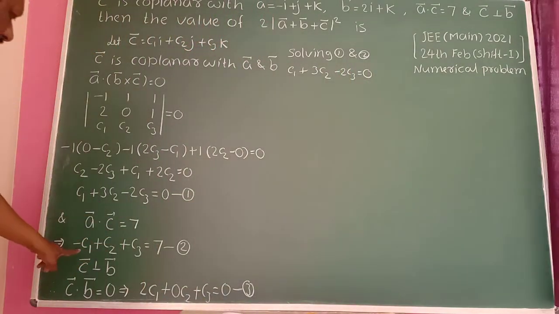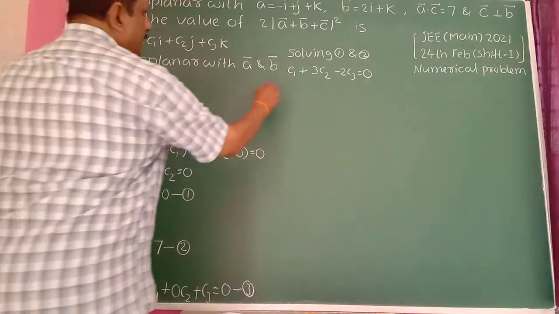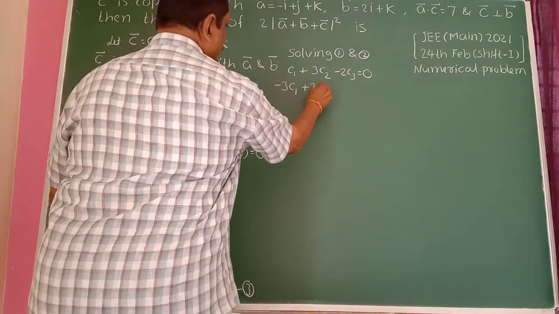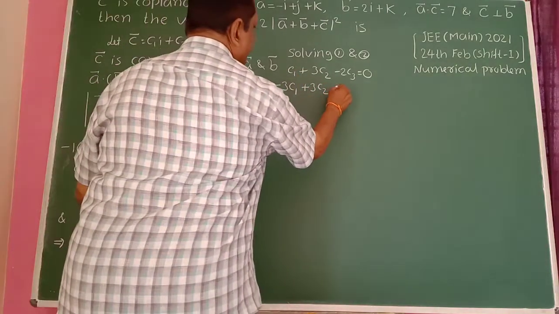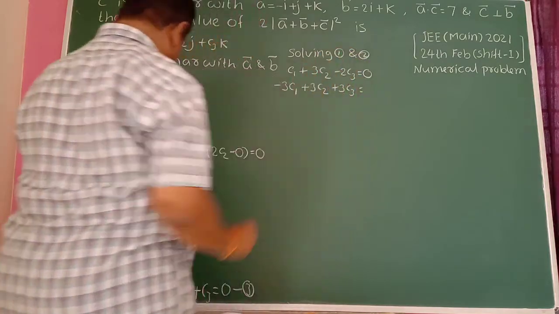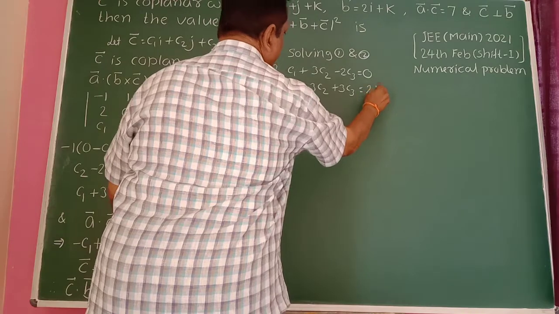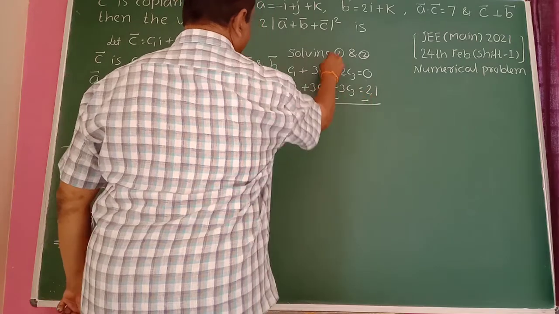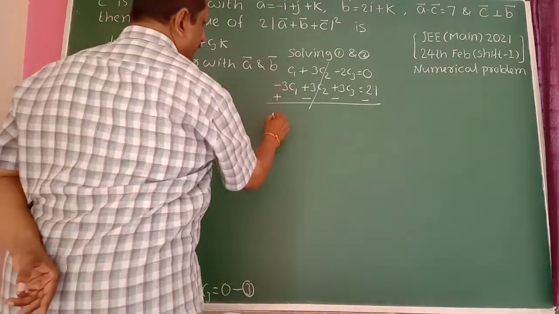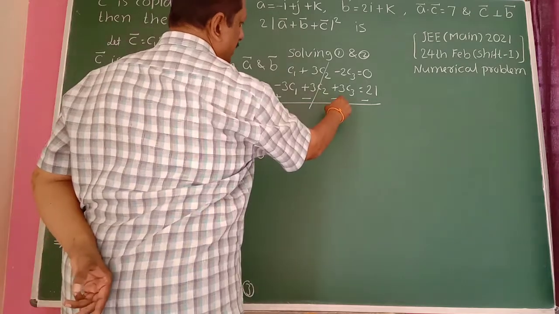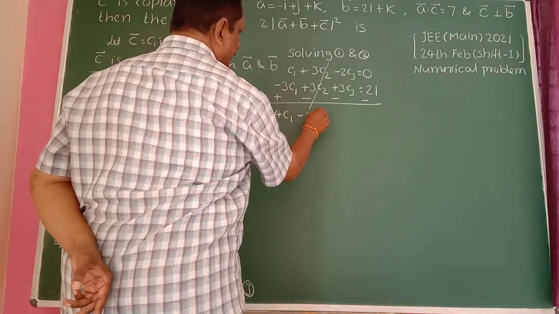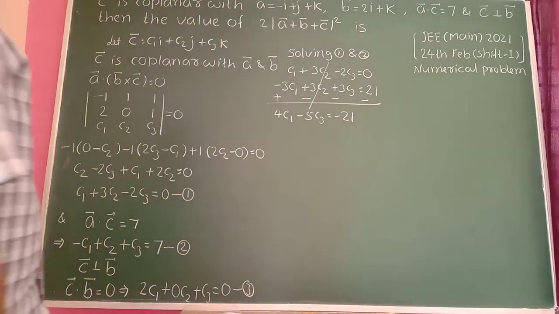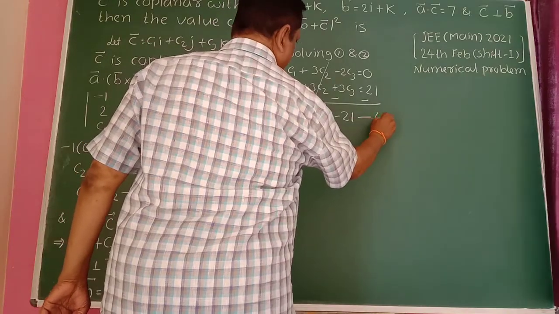Multiply equation 2 by 3: minus 3C1 plus 3C2 plus 3C3 is equal to 21. Then change the sign and cancel the C2 terms. So C1 plus 3C1 becomes 4C1, and minus 3 minus 2 becomes minus 5C3, equal to minus 21. Take this as equation number 4.